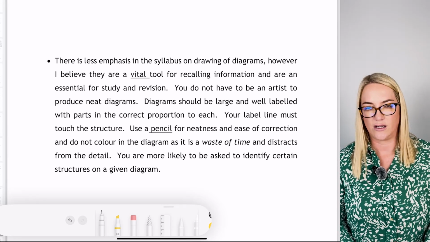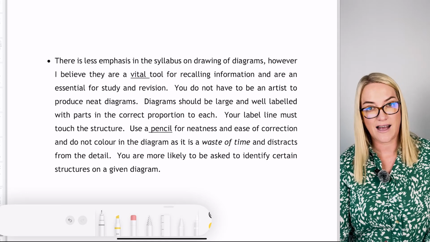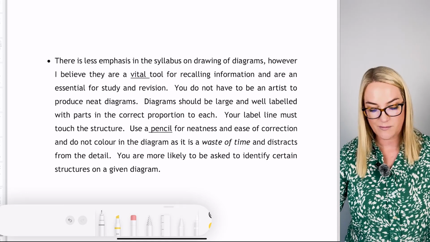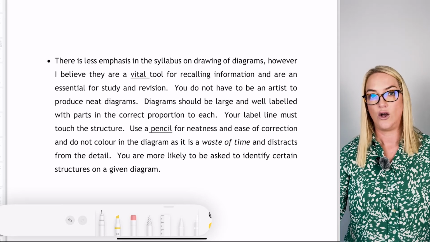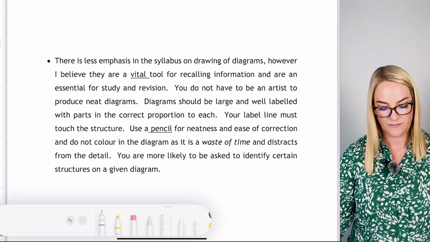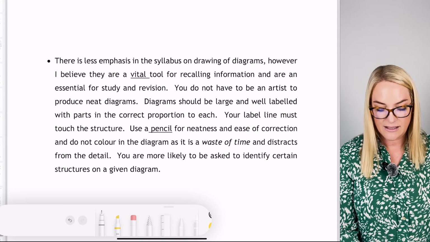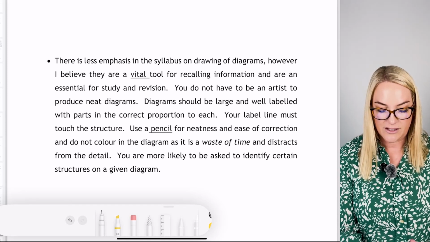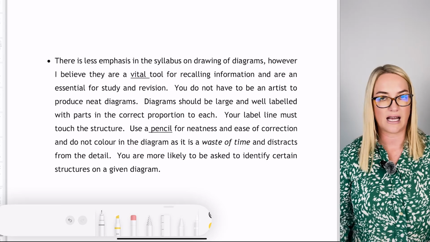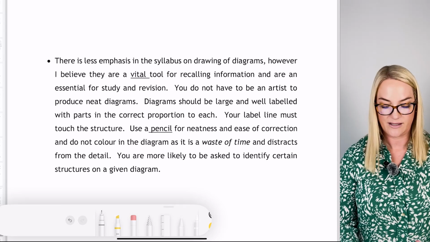If you're asked to draw a diagram, I would give it at least half a page and put it in the middle, so that you have space either side to label it, or there could be parts of that diagram where you may have to give functions. Use a pencil for neatness and ease of correction. Do not colour the diagram in, as it's a complete waste of time. Don't add shading. It's a complete waste of time.